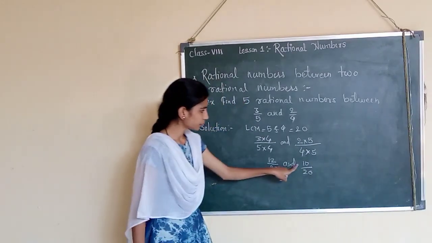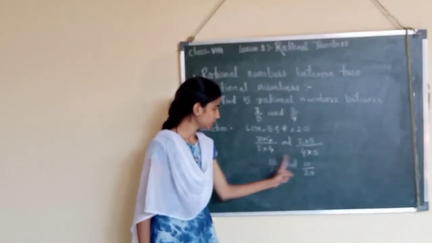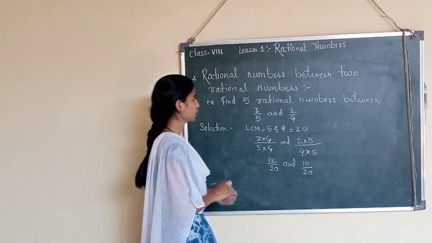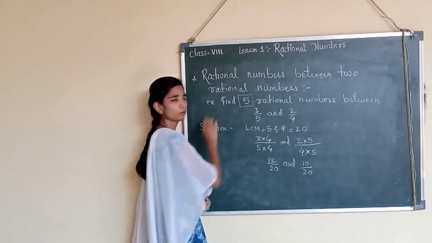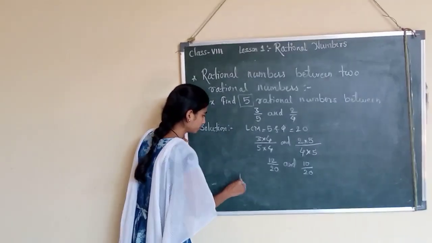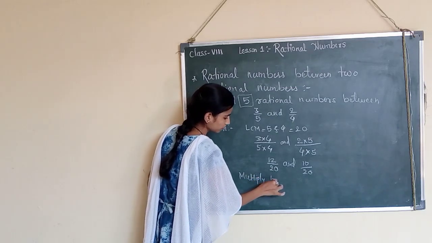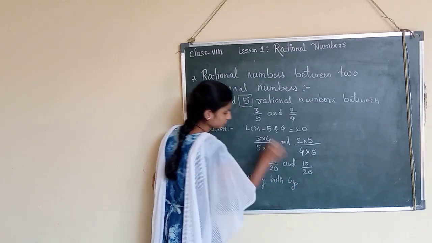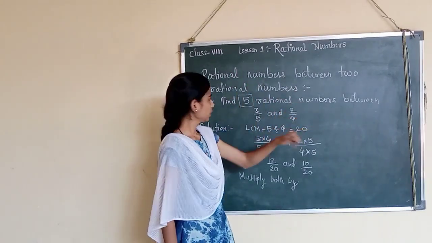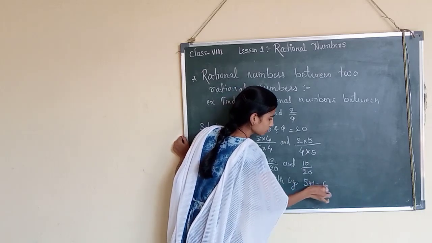Now you can count the numbers after 10. Here it is 12, so in between 10 and 12 there is only one, that is 11 by 20. But how many numbers are required? 5. So to find 5 rational numbers, we multiply both by 6. Whenever there is a 5, we need to multiply by 6, that is 5 plus 1 equals 6.